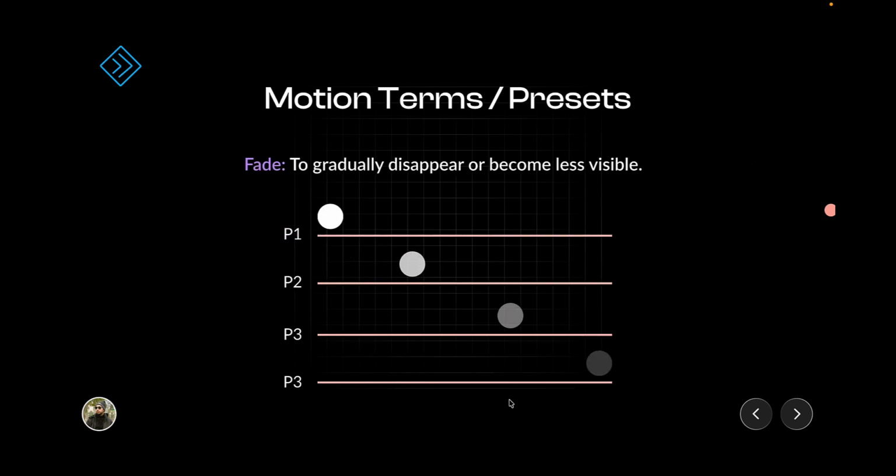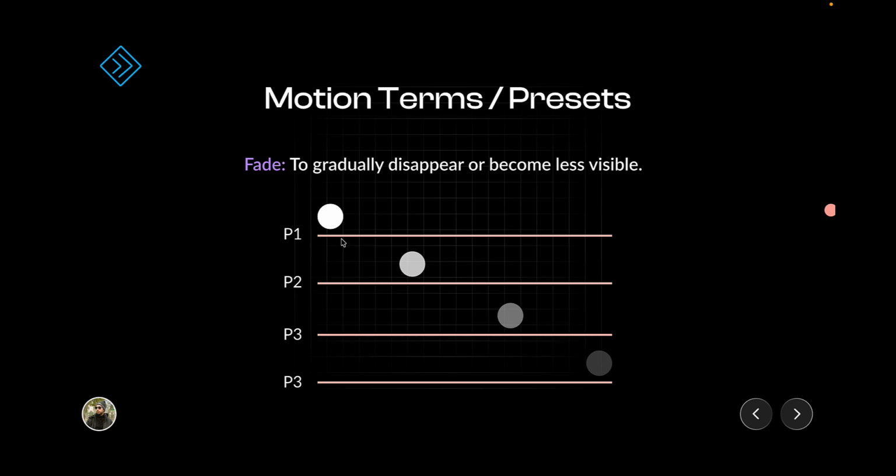Next we have fade. It's an important preset of motion graphics. The definition of fade is to gradually disappear or become less visible. You can see on the top line at position P1 we have a circle with 100% opacity.